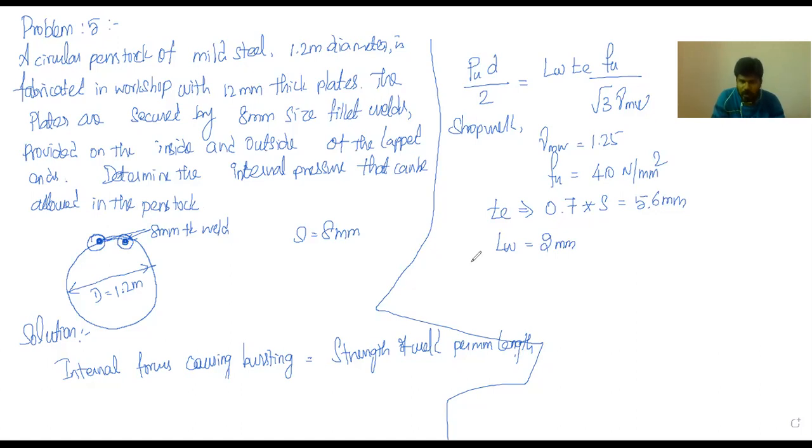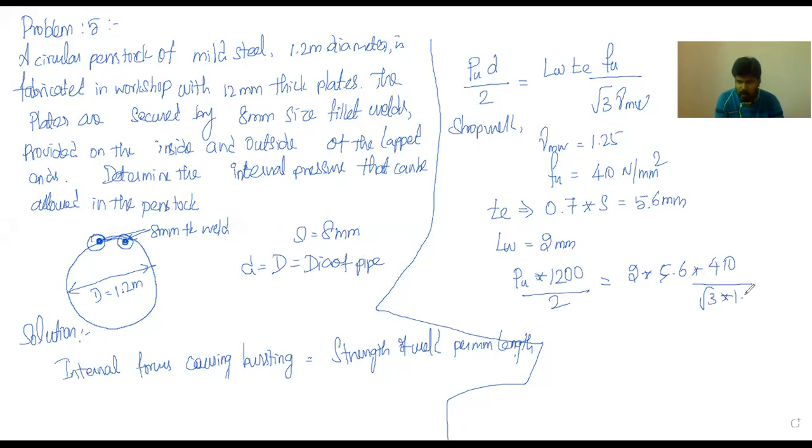So we are going to substitute these values. Pu we don't know. D is the dia of pipe, so Pu into 1200 divided by 2 is equal to 2 into 5.6 into Fu 410 divided by root 3 into gamma mw 1.25.